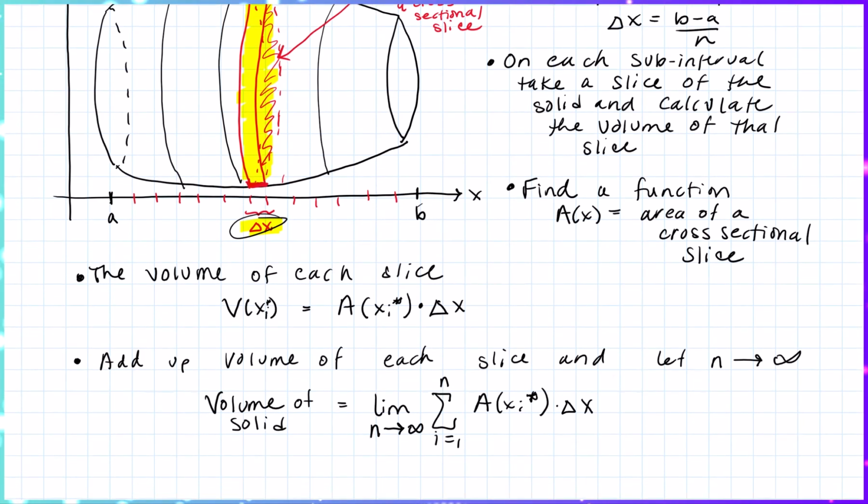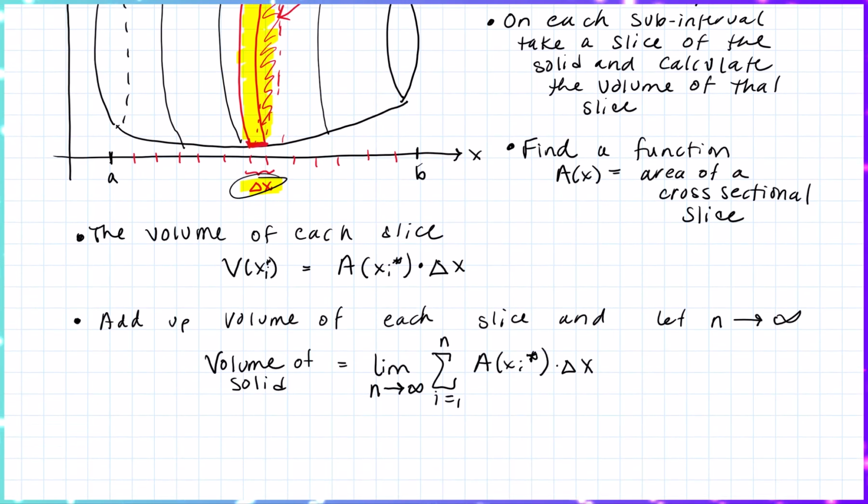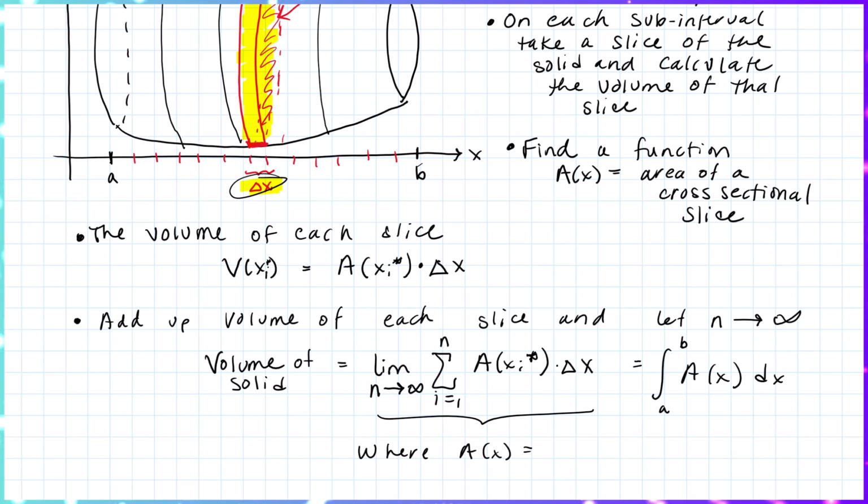And here, joy, oh joy, this is a Riemann sum. By the definition of the definite integral, when we let n go to infinity, this becomes an integral from a to b of A of x dx, where again, A of x is simply equal to the area of a cross section.